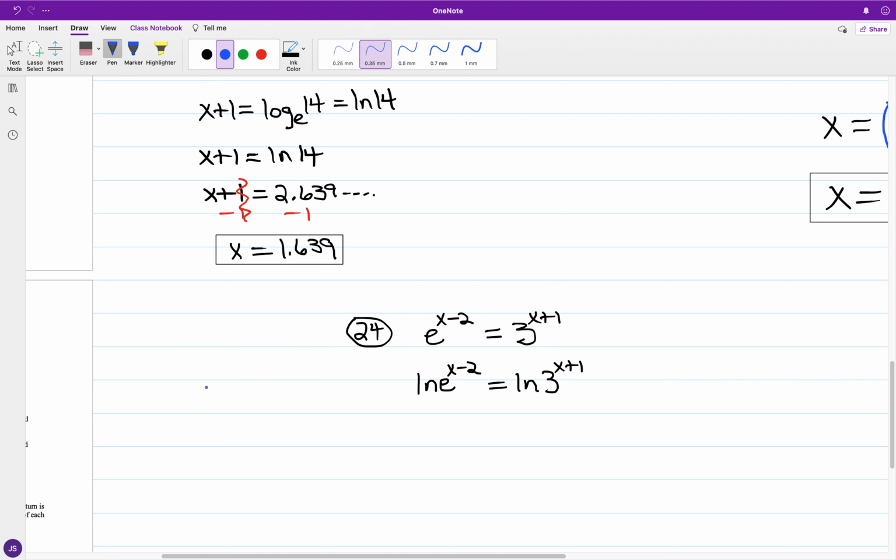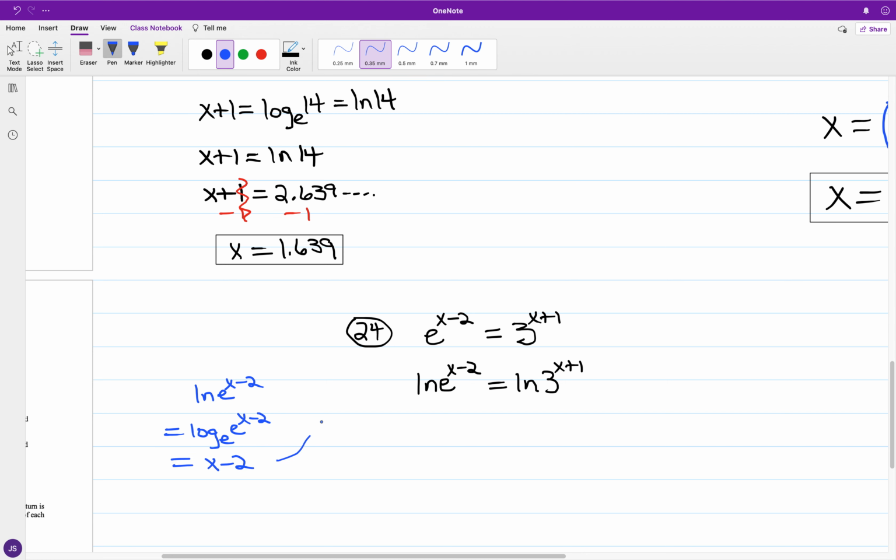Let me just repeat something here. You've got the natural logarithm of e to the x minus 2. Again, ln is going to be a base e logarithm, and here we have that of e to the x minus 2.